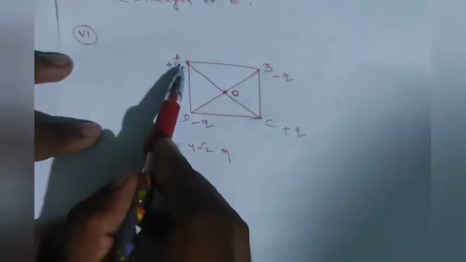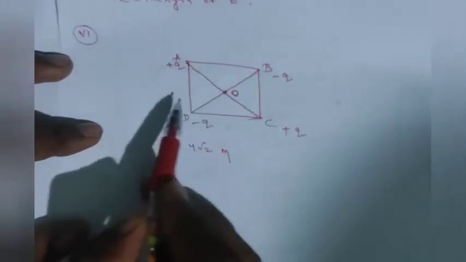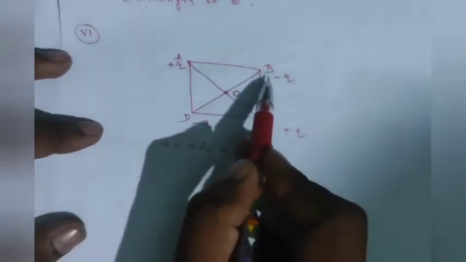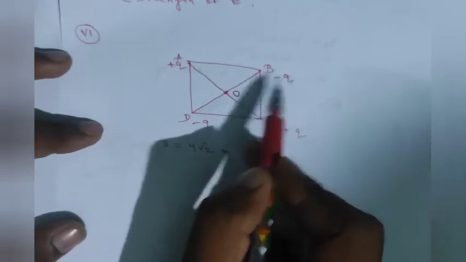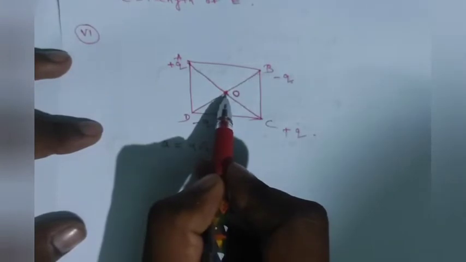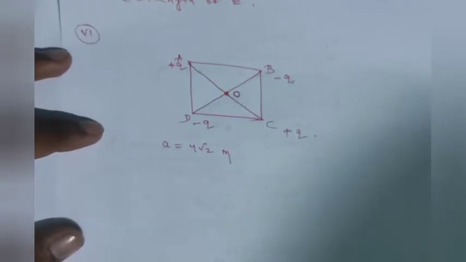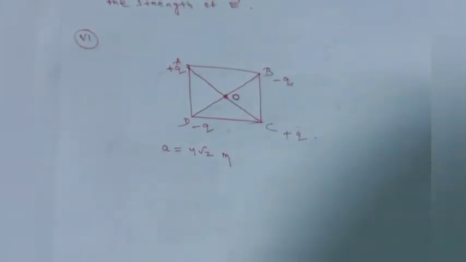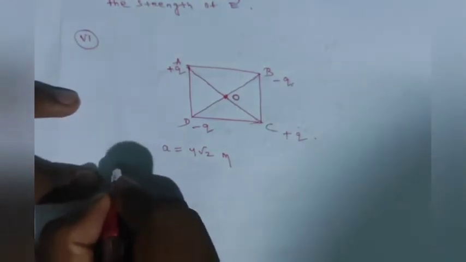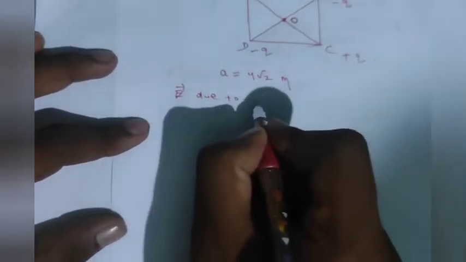Each charge will produce an electric field at O. Plus q has one electric field at O, due to minus q there is one electric field at O, due to this plus q there is one more electric field at O, and due to minus q there is one more electric field at O. So there will be a total of 4 electric fields due to 4 charges at O. First we will find the electric field due to plus q.